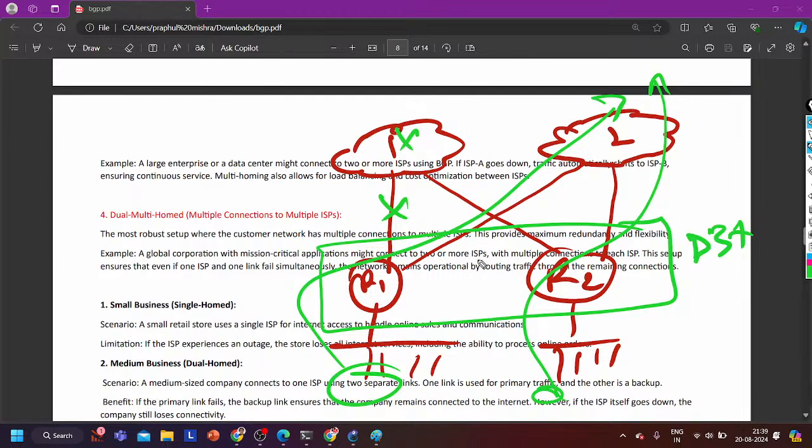If you have only one router, then all traffic will reach the internet via that router only, right? So guys, in real time, when you work as a network engineer, maybe you are going to work on this type of network, or dual homed network, right?